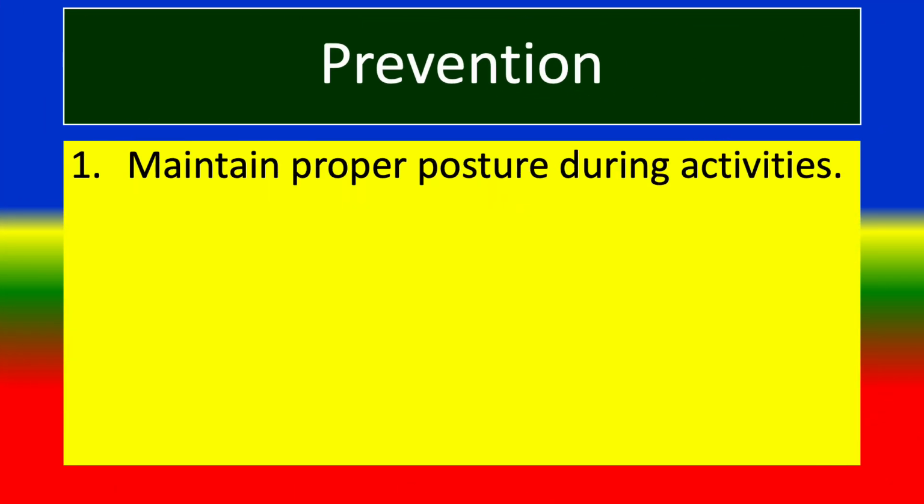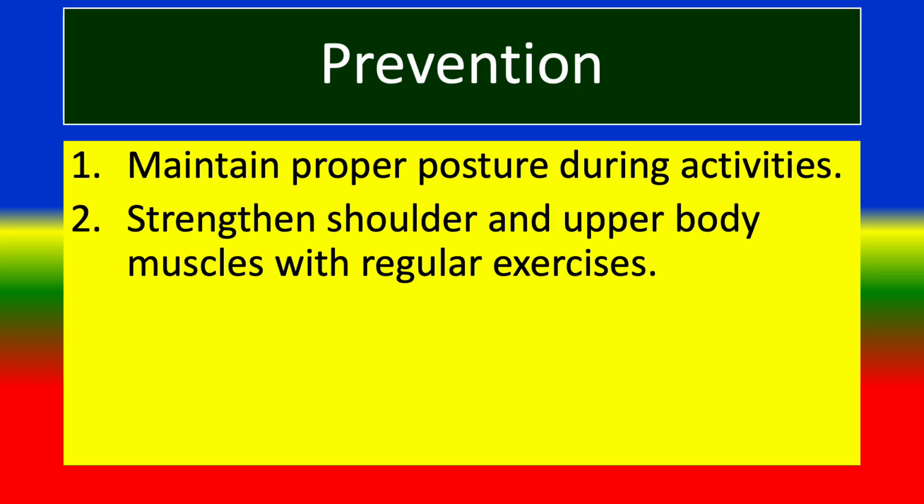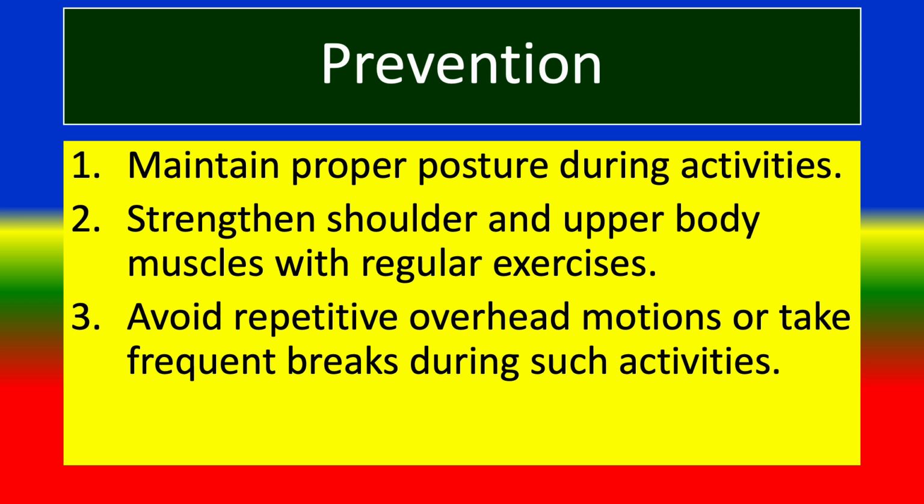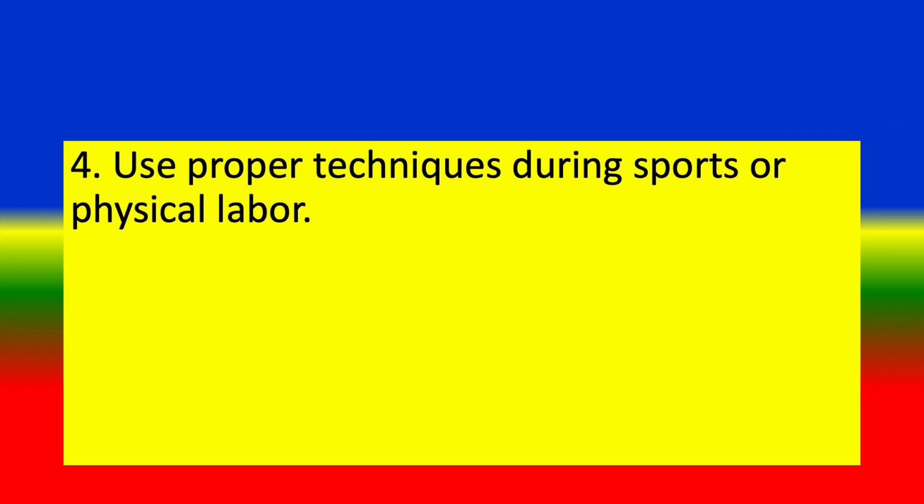Prevention. 1. Maintain proper posture during activities. 2. Strengthen shoulder and upper body muscles with regular exercises. 3. Avoid repetitive overhead motions or take frequent breaks during such activities. 4.